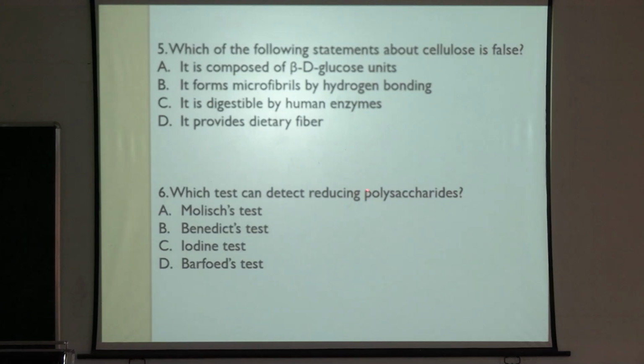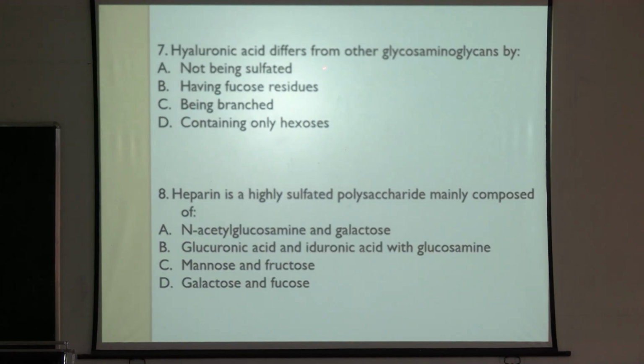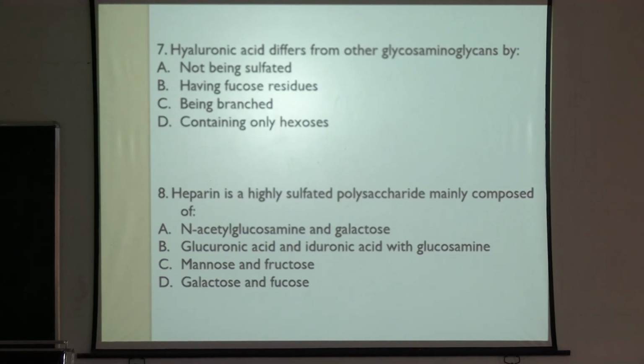Which test can detect reducing polysaccharides? B. Benedict's. Next. Hyaluronic acid differs from other glycosaminoglycans by not being sulfated, having fucose residues, being branched, or containing only hexoses. Not being sulfated.